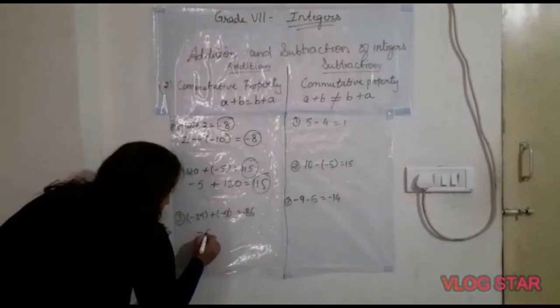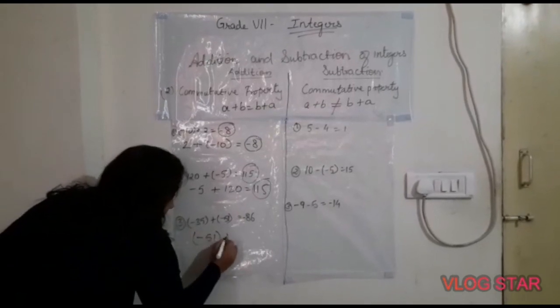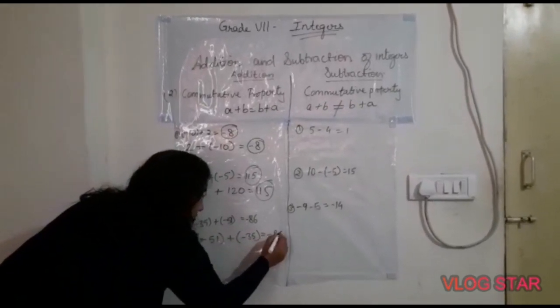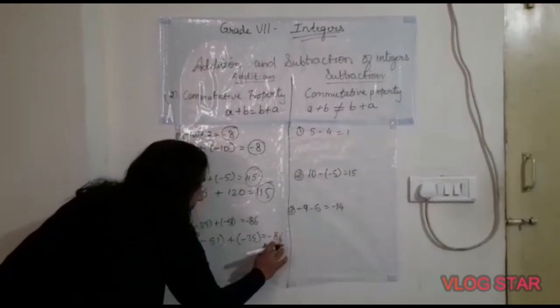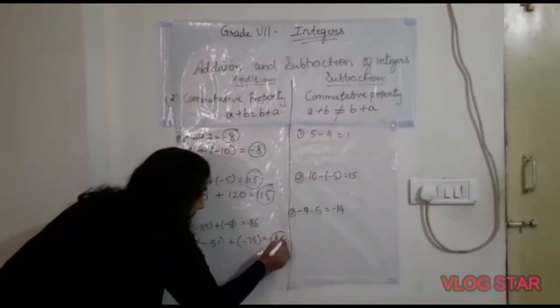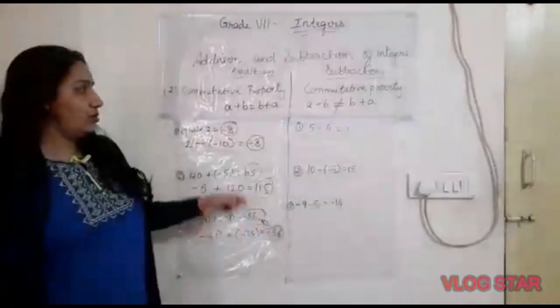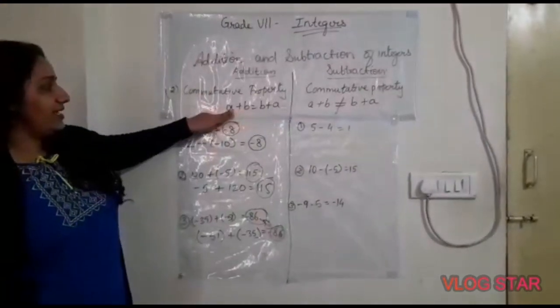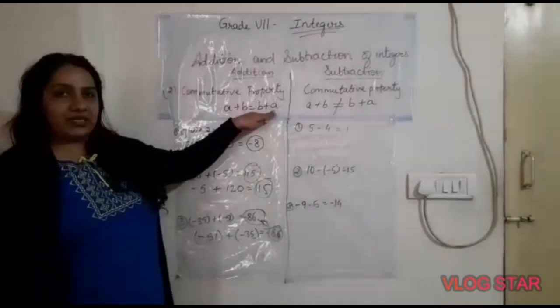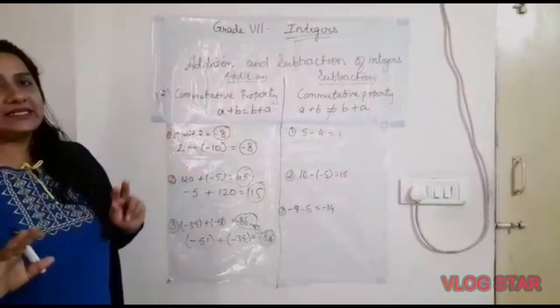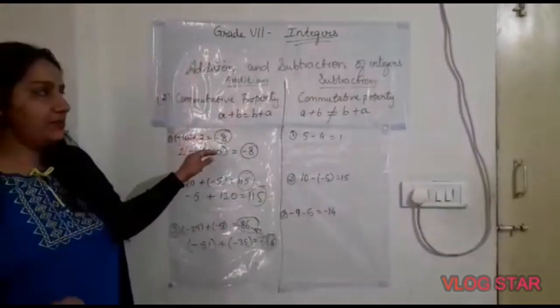So if we change the order, again there is no change in the answer. Again it is the same. So the property says a plus b is equal to b plus a. Means if you change the order of the addend and the augend, it doesn't make any difference in the result.